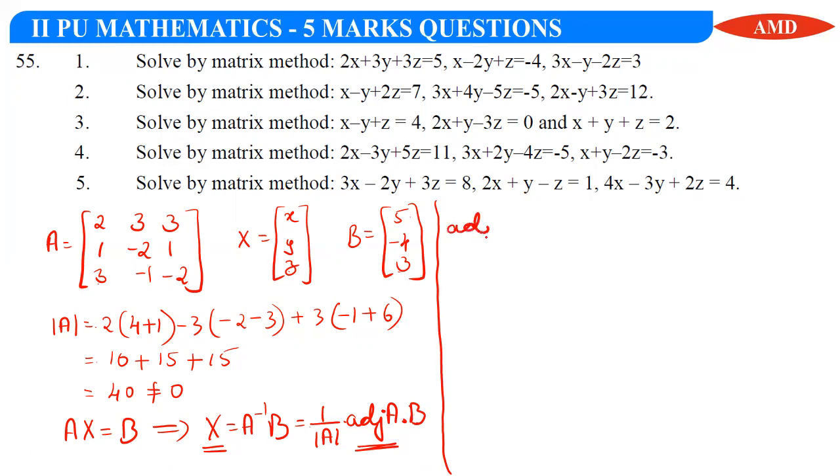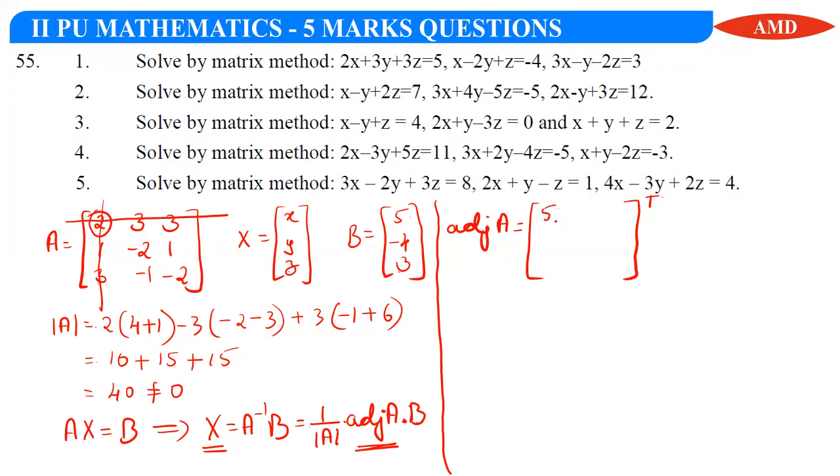So adjoint of A is equal to, let me first find the minors of each of the elements. So the minor of the first element here, how to find it? You have to ignore the row and the column in which the first element is lying and take the submatrix which is remaining, whose determinant is nothing but here 4 plus 1, that is 5.